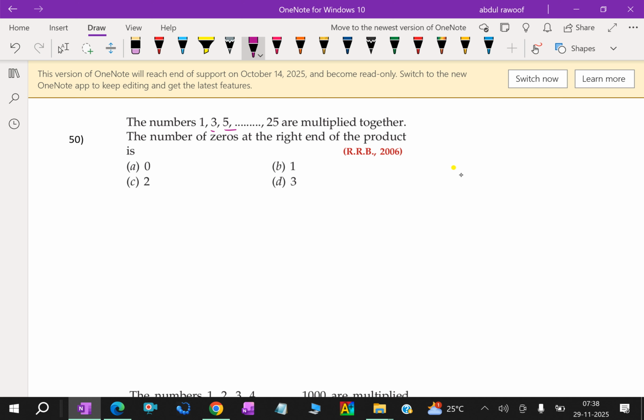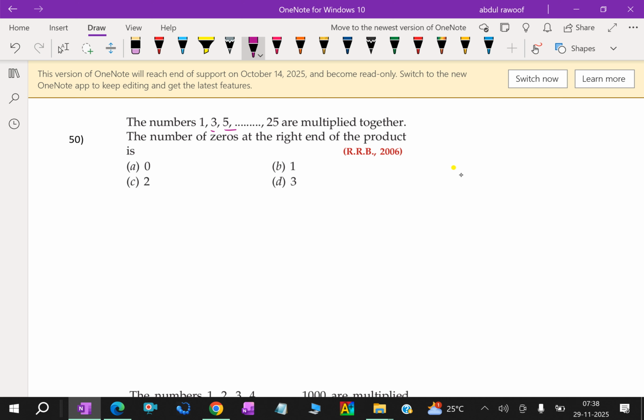Here, this product of 1, 3, 5 is a product of odd numbers, and the multiples of 2 and 5 together yield 0. But here there is no 2, since the product of odd numbers contains no power of 2.